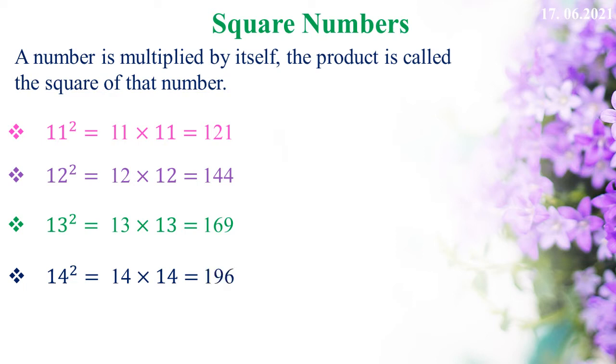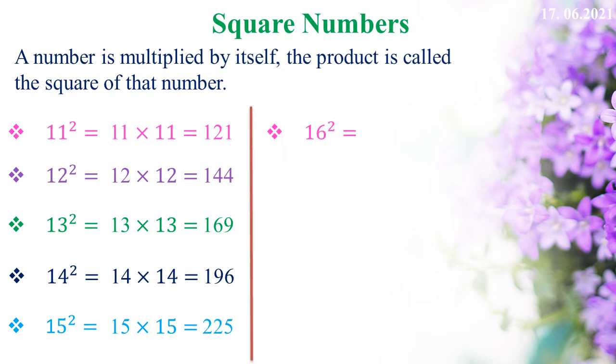14 square equals 14 into 14. We get 196. 15 square equals 15 into 15. We get 225. 16 square equals 16 into 16. We get 256. 17 square equals 17 into 17.